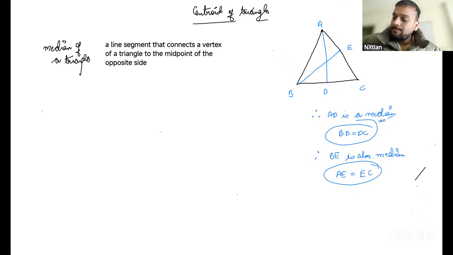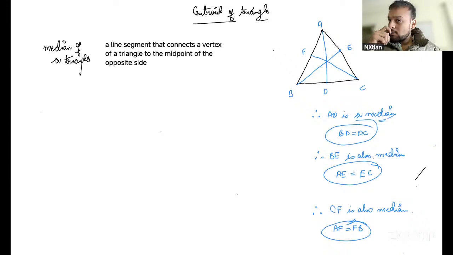Okay, next. So CF is also a median, because it divides the opposite base, which is AB, into two equal halves, AF is equal to FB.